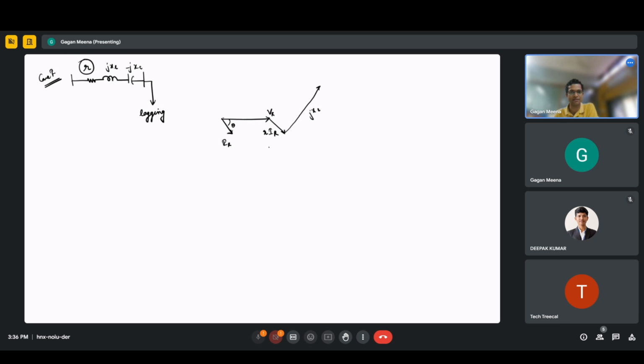It will be minus jXC into IR. So this is minus jXC into IR. This is jXL into IR. Now this is negative, this is positive, so overall it will be somewhere here, reduced. Let's say this is j IR into XL minus XC, assuming that XL is greater than XC here.